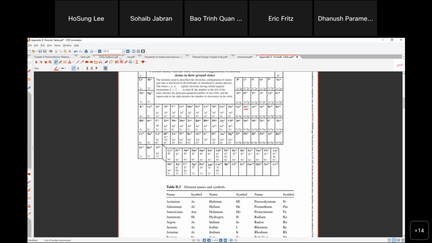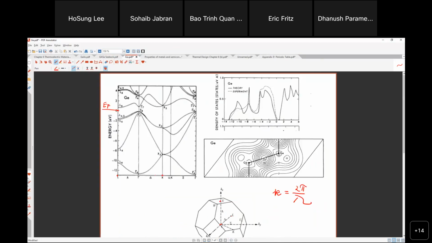So that we understand, I think this is 2 and 2, 3 and 4. Anyhow, the 4, there is a valence band and conduction band, something like that.